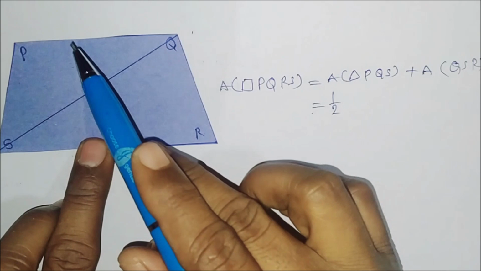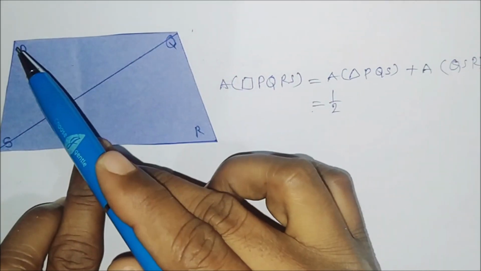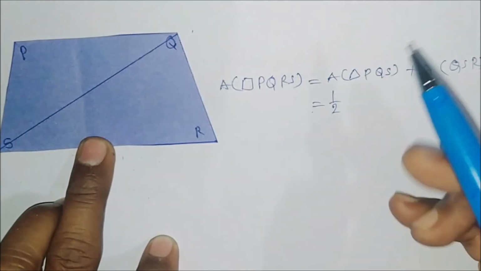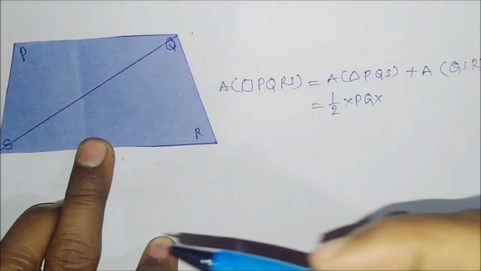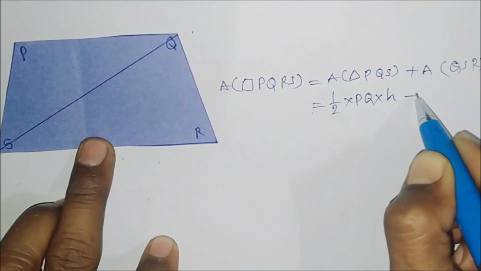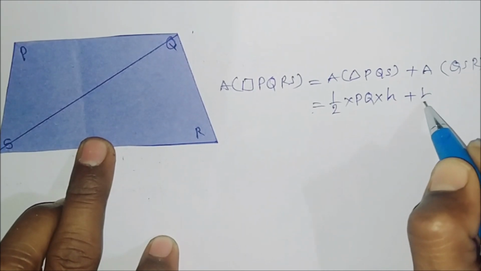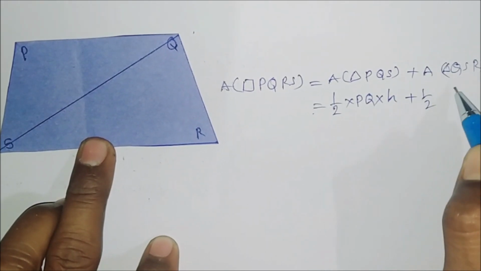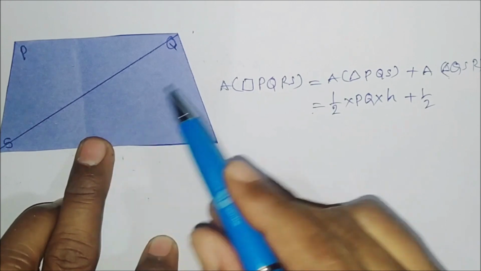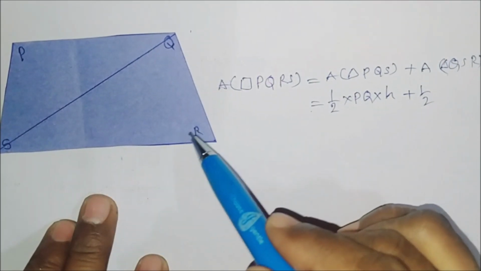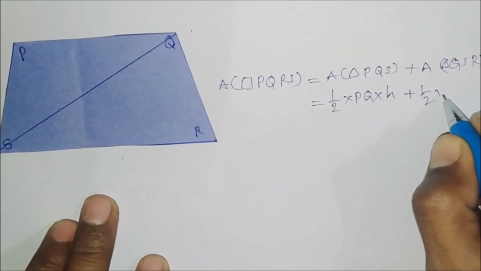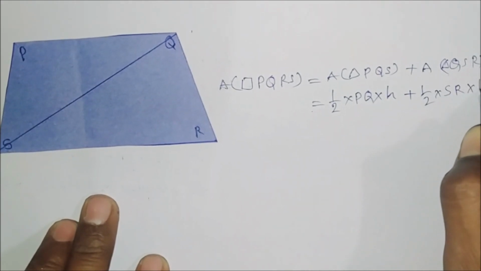So consider triangle PQS. Let's take PQ as a base. So 1/2 into PQ and into height H plus 1/2 into, let's take in triangle QSR, let us take segment SR as a base. So into SR and into H.